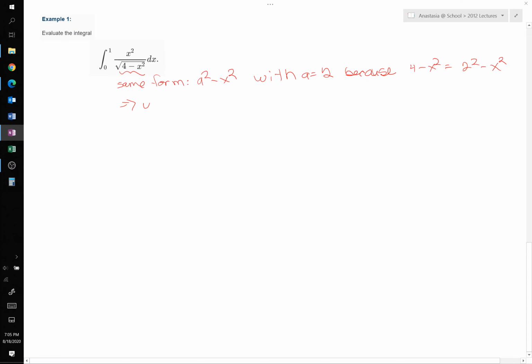So this means that we are going to use the same substitution, x equals a sine theta, which in this case is going to be 2 sine theta. That gives us then that dx is going to be 2 cosine theta d theta.